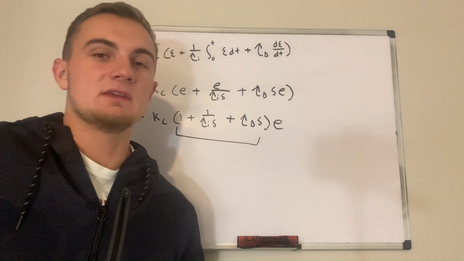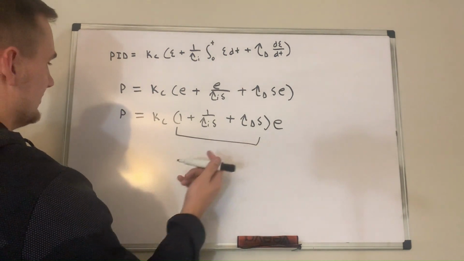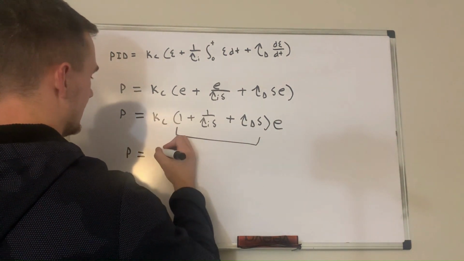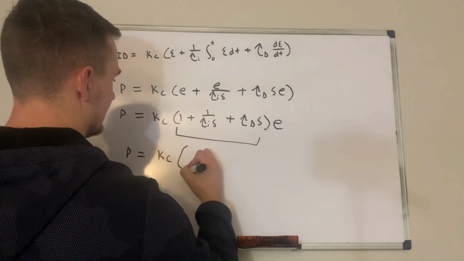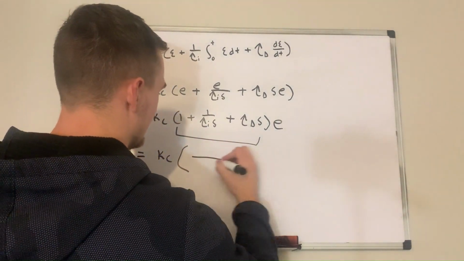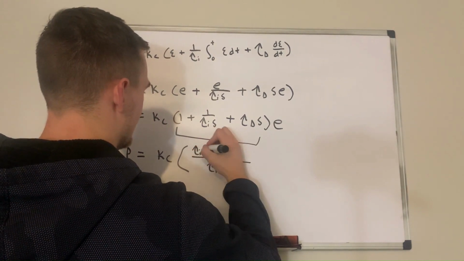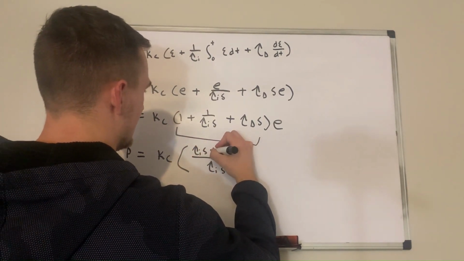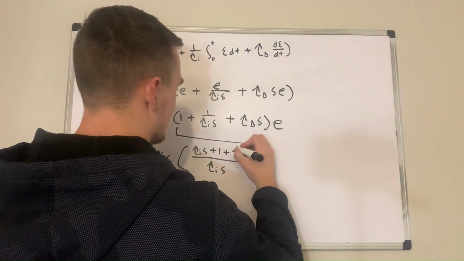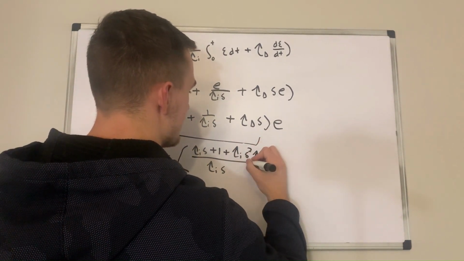We can actually break this down a little bit further. We'll have K_C times, if we do a common denominator here, tau_I S on the bottom, tau_I S on the top, and then plus 1, and then plus tau_I S squared tau_D.